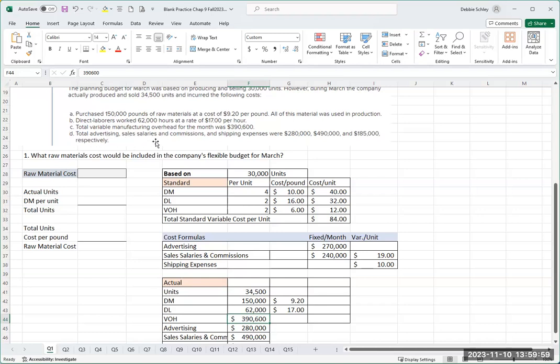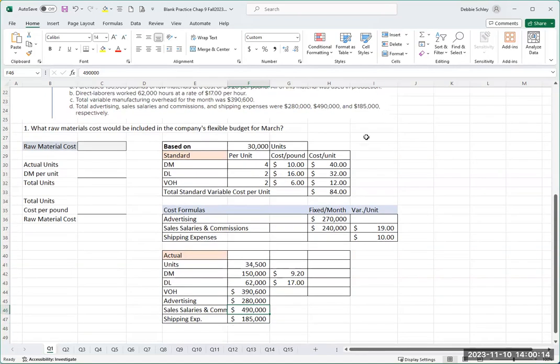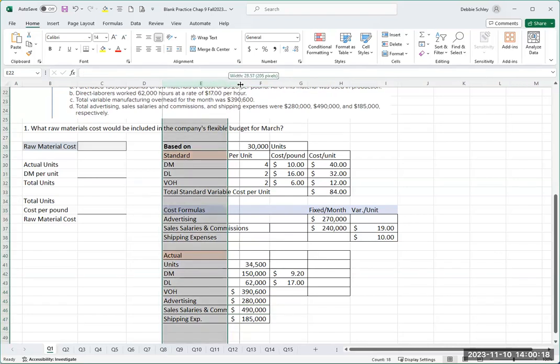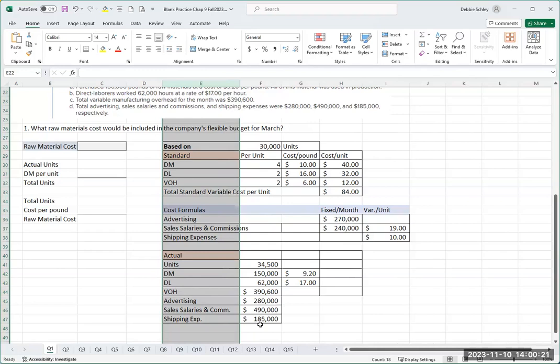Total advertising, sales salaries and commissions, and shipping expenses were: advertising was 280,000, sales salaries and commissions was 490,000, and shipping was 185,000. I really hate it when they put things like that. That is really why I pull things out.